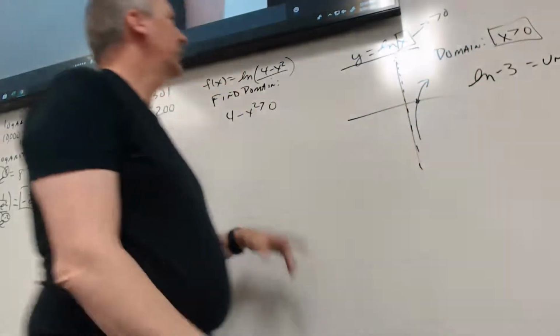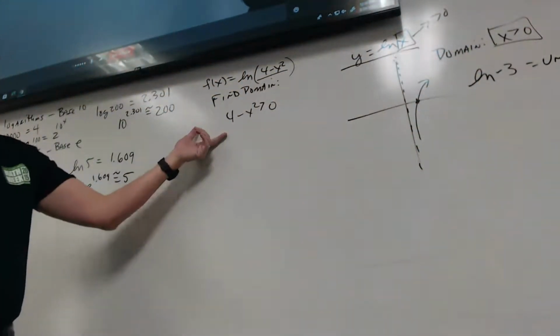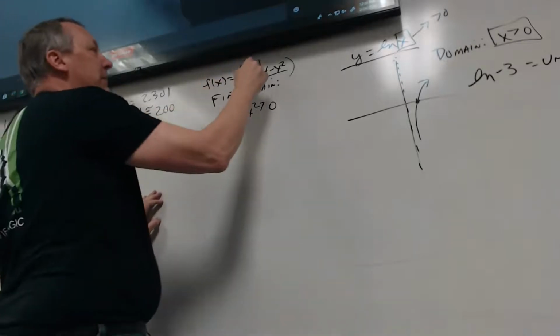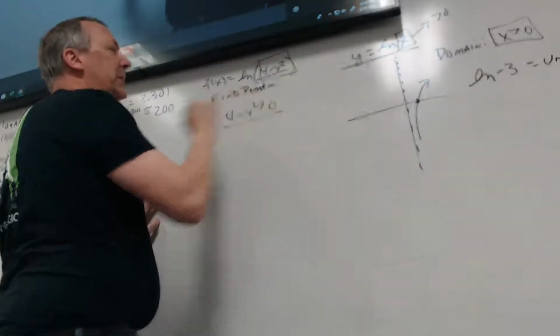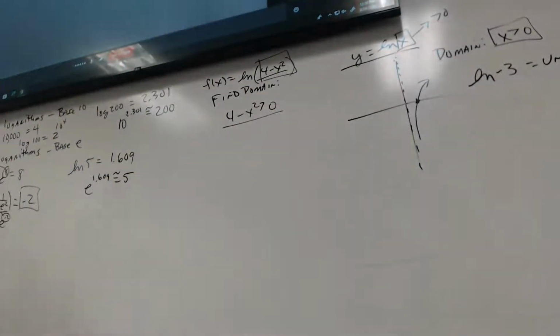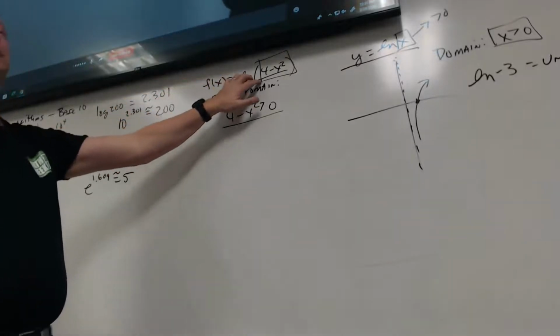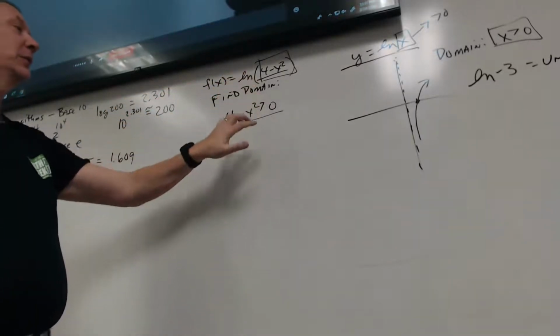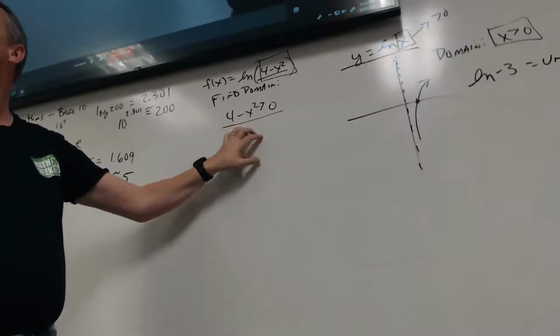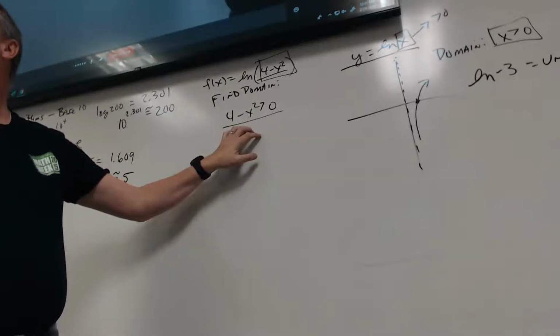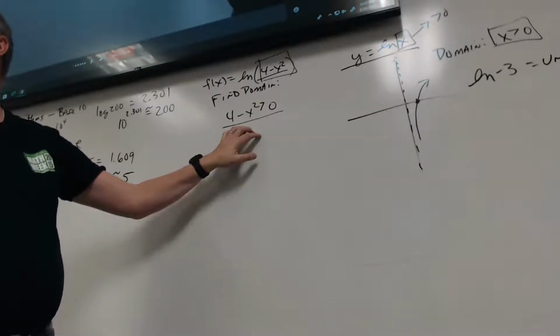So we're going to apply that same thing back to our original problem. Whatever is inside your parentheses must be greater than 0. Now, I'm not asking you to graph the logarithmic function, but I will ask you to graph what this looks like if you were to graph just this as a function. Javier, what does that look like?